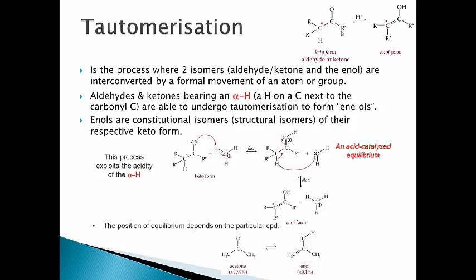Aldehydes and ketones bearing an alpha hydrogen, which is a hydrogen on the carbon next to the carbonyl carbon, are able to undergo tautomerization to form the enols.